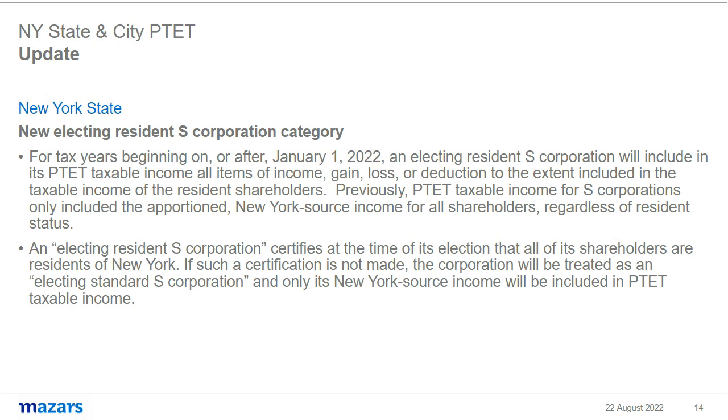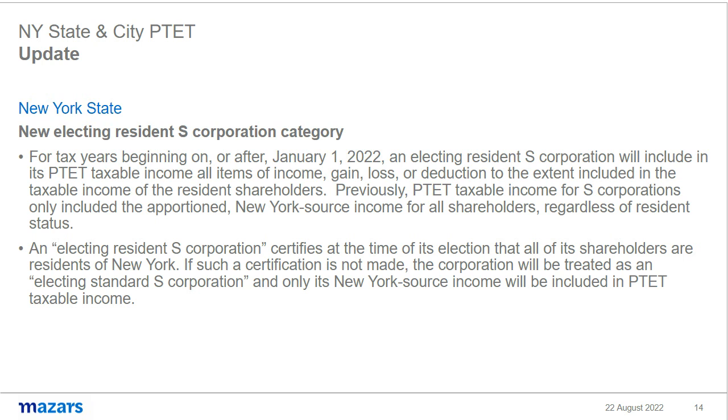New York State enacted their PTET in 2021, and now in 2022, a couple of corrective measures have taken place to address perhaps what might have been shortcomings or items that certain taxpayers were not happy about.